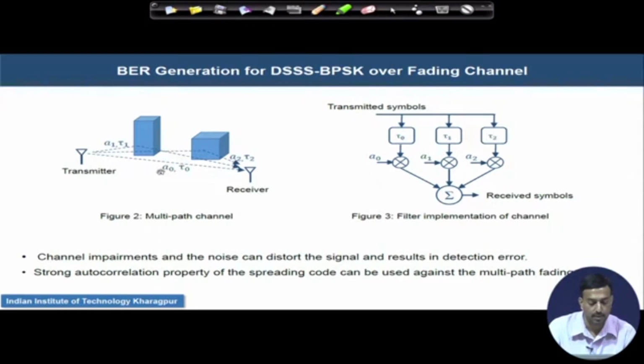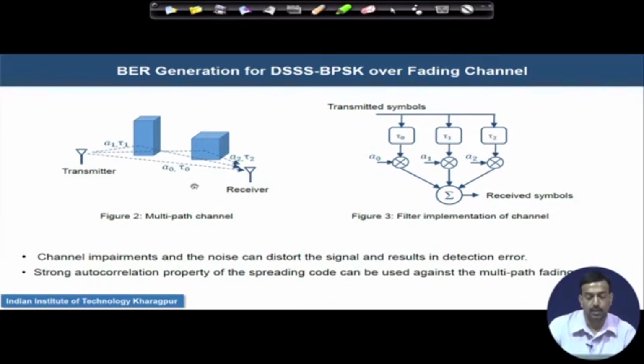For example, the path corresponding to the parameters a0 and tau naught, where a0 denotes the path gain and tau naught denotes the path delay between the transmitter and the receiver, is a line of sight path, whereas due to reflections from objects we have additional paths represented by parameters a1, tau 1 and a2, tau 2.